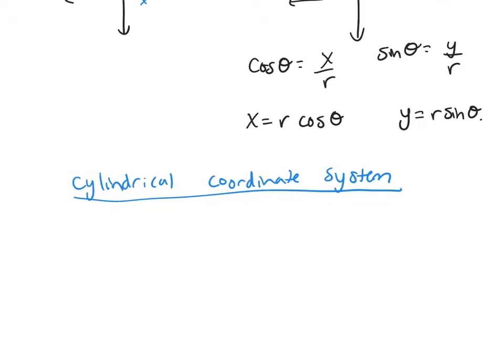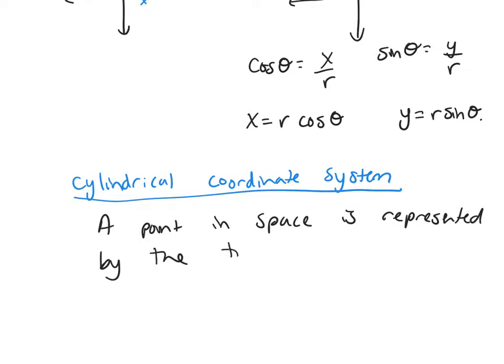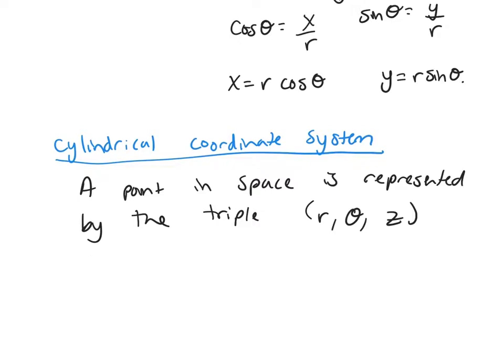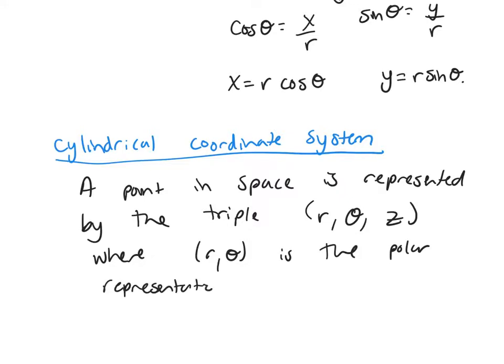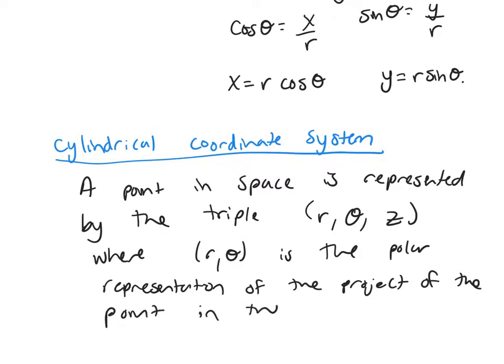So in cylindrical coordinates, we're going to say a point in space is represented by the triple r, theta, and z, where r, theta is the polar representation of the projection of the point in the xy plane.